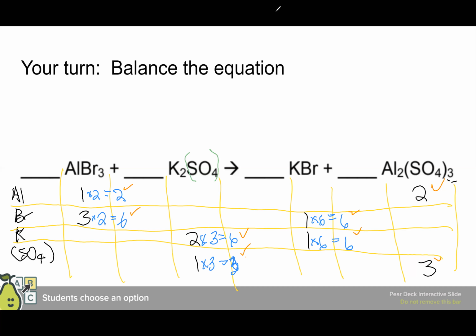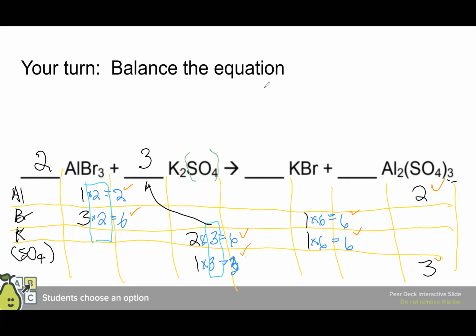Good enough. Last step, I'm going to transfer the numbers. So the first one, I multiplied that by 2. So I'm going to transfer the number up here as a 2. The second term, I had to multiply this thing by 3. So I'm going to transfer that 3 up here.